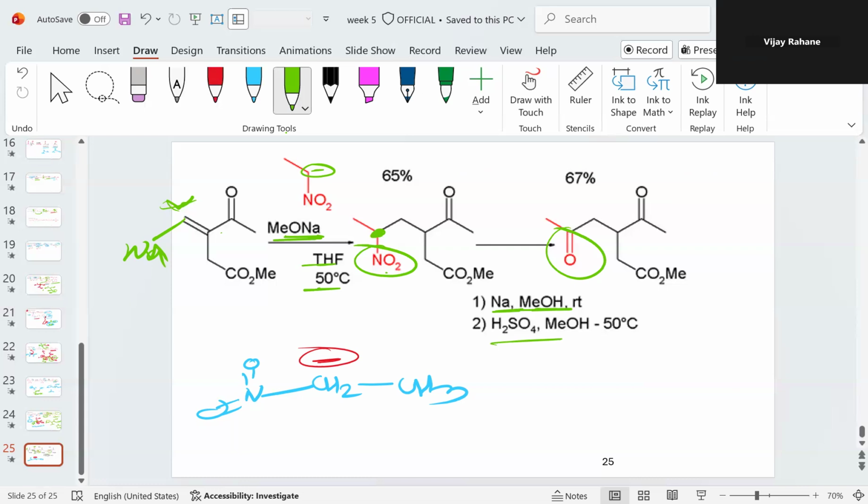The second step is H2SO4 and methanol at minus 50 degrees Celsius. So this is the Nef reaction: we can convert this nitro group to the keto group using these reagent conditions. This is what I want to show for this one, the conversion of nitro to keto using sodium metal, methanol, and the influence of acid at minus 50 degrees Celsius.